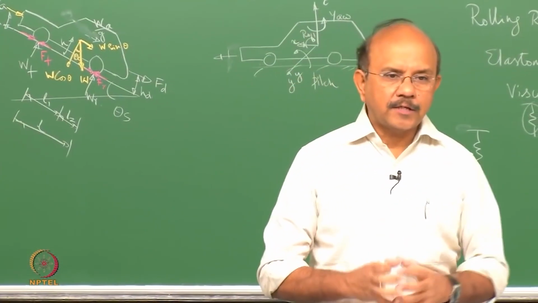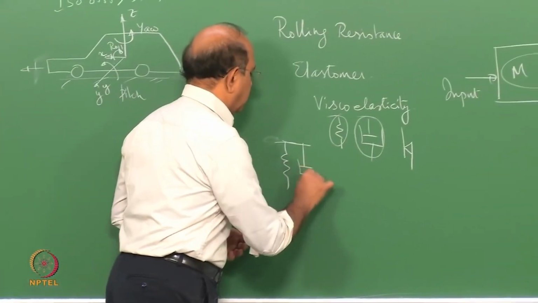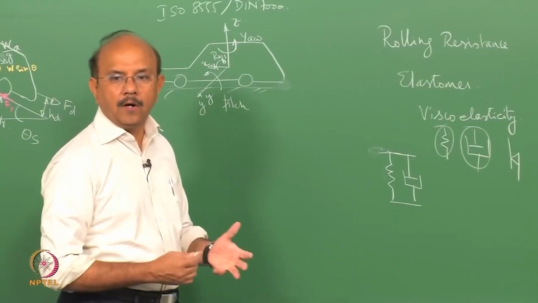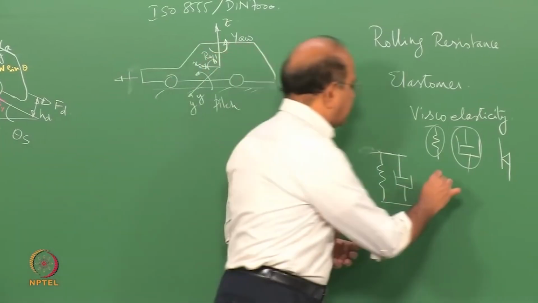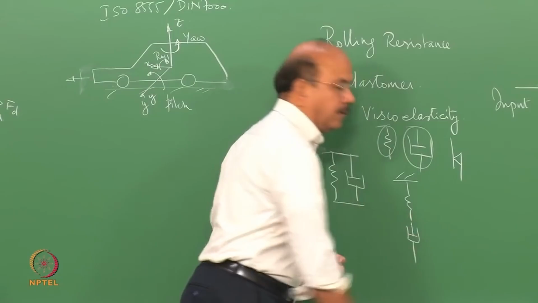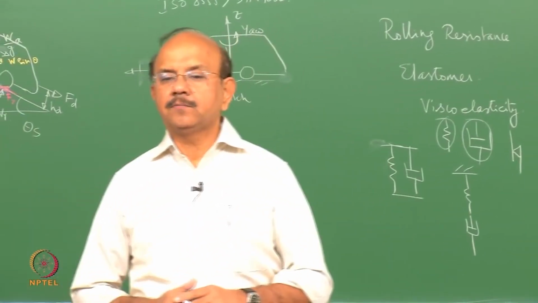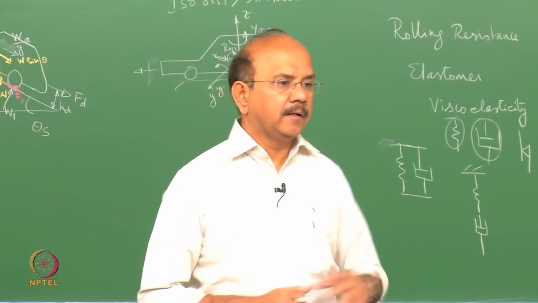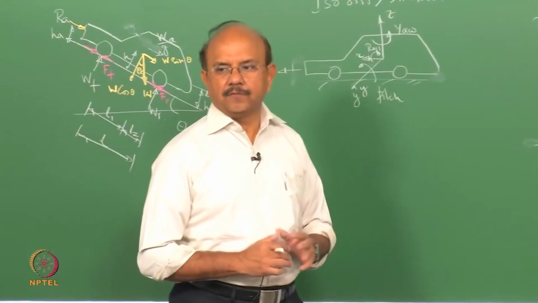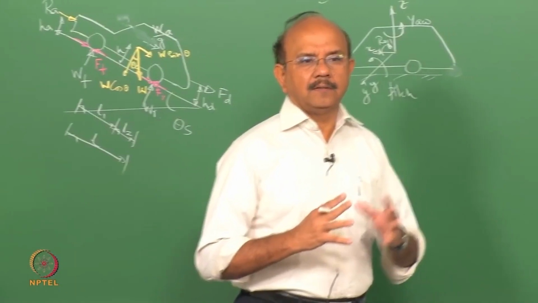This dashpot can either be attached in parallel, or we can understand the behavior by attaching it like this and so on. There are names to these models, Kelvin and the Maxwell models, but we are not going into the details of these models. We are putting this in order to understand the behavior.